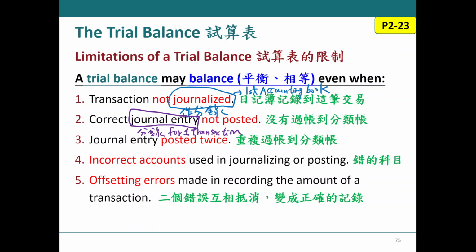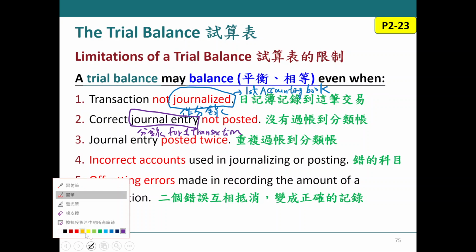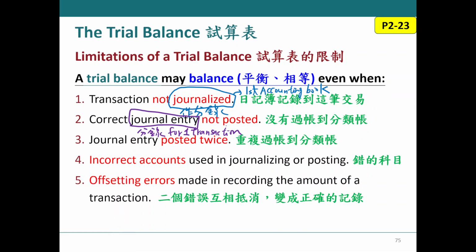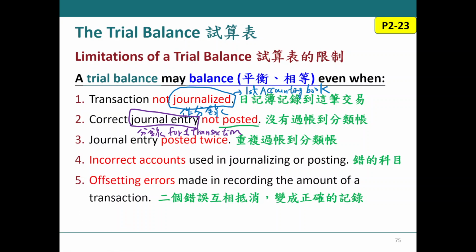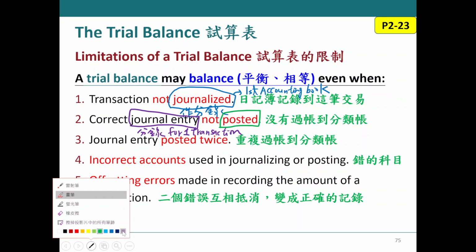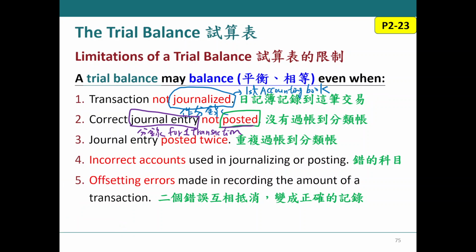But the mistake you made is not posted. Remember? Some of you made a mistake last week, right? You forgot to post, or you posted incorrectly. So post, 过账, right? This is for your second book.